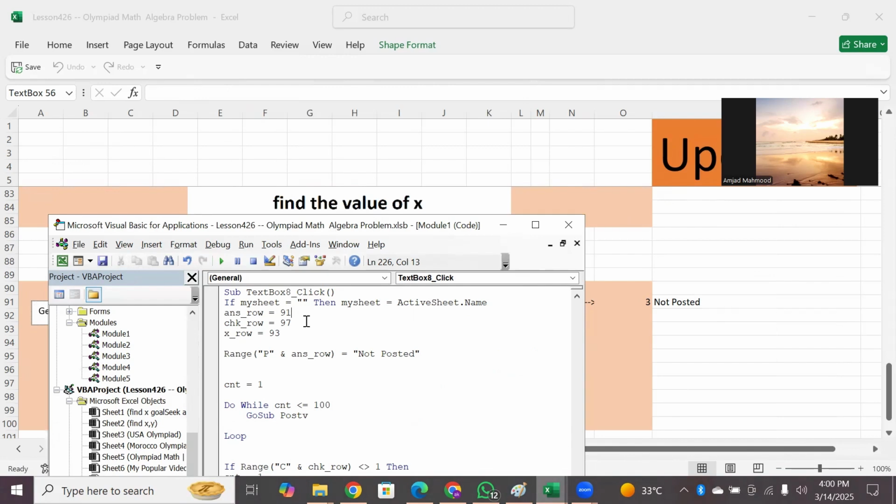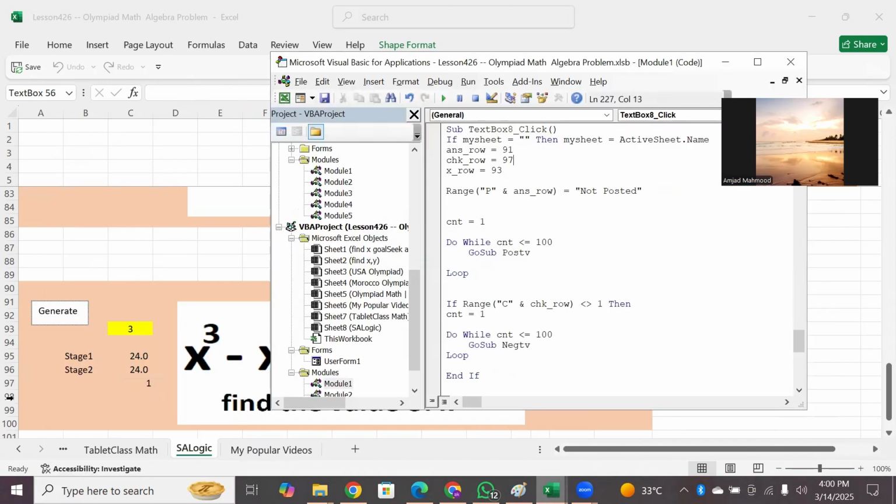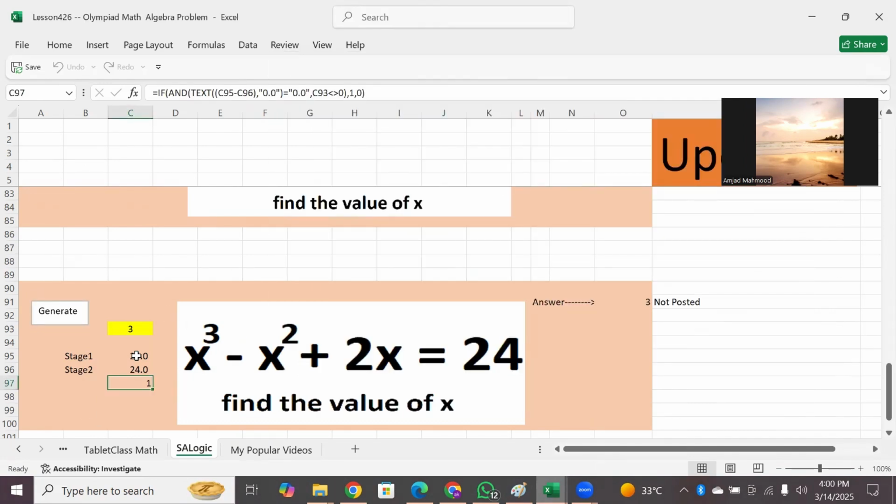And the check row is the formula which checks if the two sides are equal, or if they are deducted from each other and the answer becomes 0, then it is going to place 1 in here, and once 1 is here, it means the answer has arrived. Otherwise, it will keep on attempting, right?